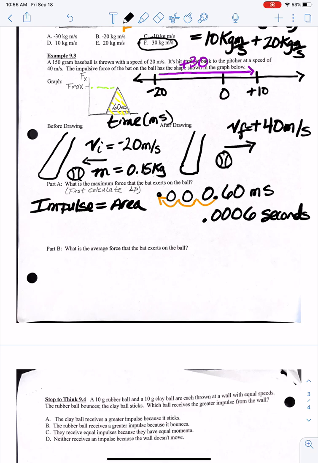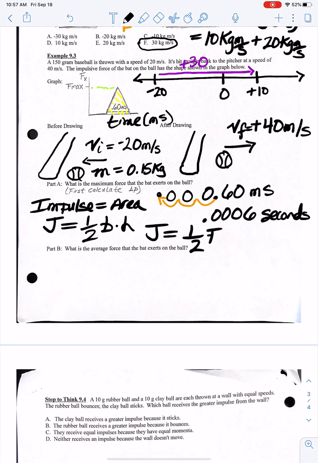So we can go ahead and say that J is equal to 1/2 base times height, which is 1/2 F max times T. We can plug in some numbers, or we could rearrange this. I'm just going to plug in numbers because I think it's simpler to look at.